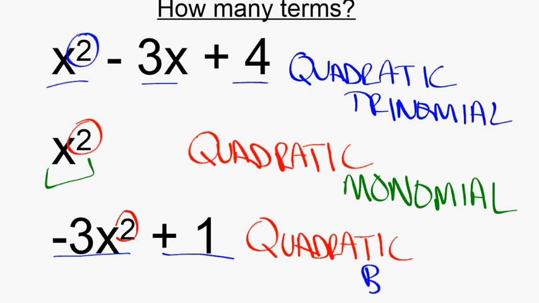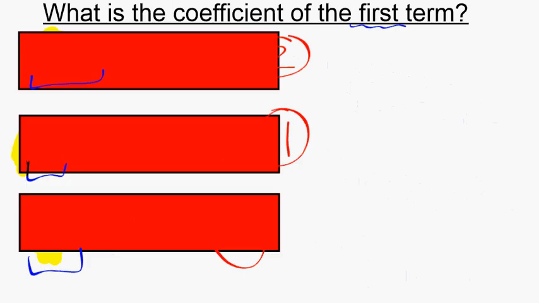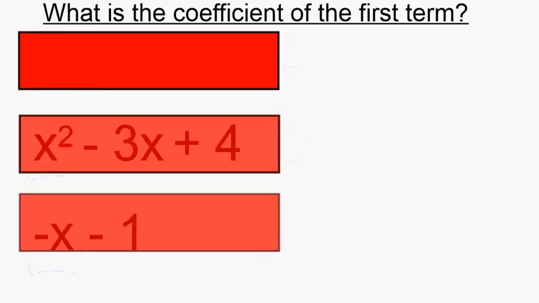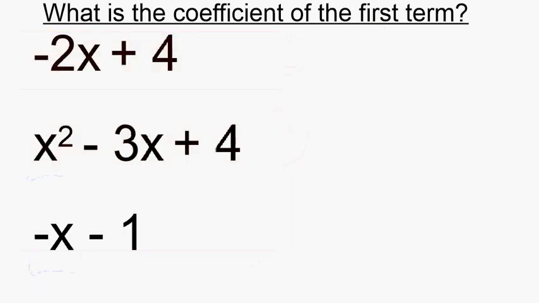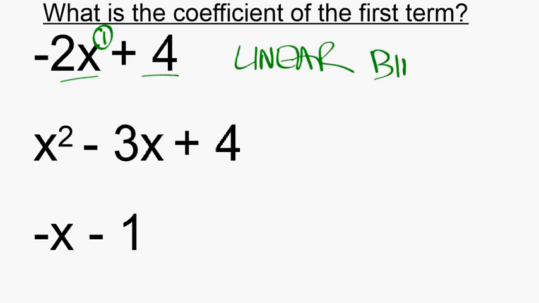So it's a quadratic binomial. Next set of questions. We've got a largest exponent of 1, so this is linear. And since there are 2 terms, it's a linear binomial.